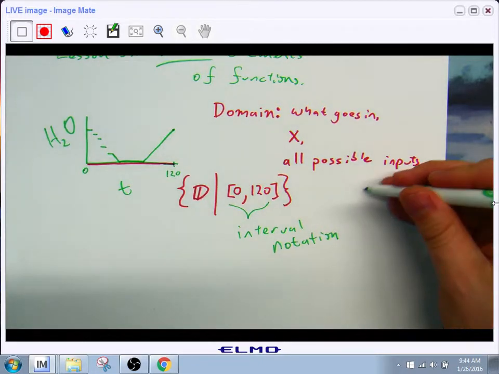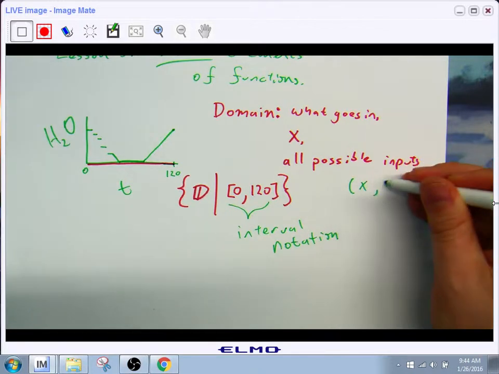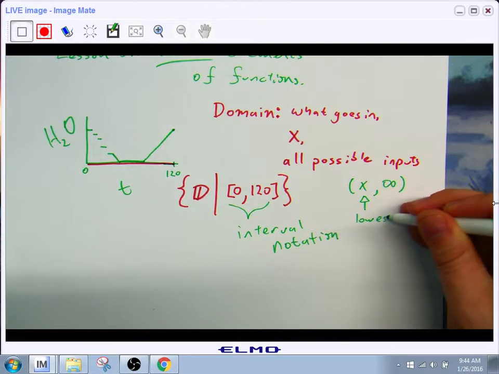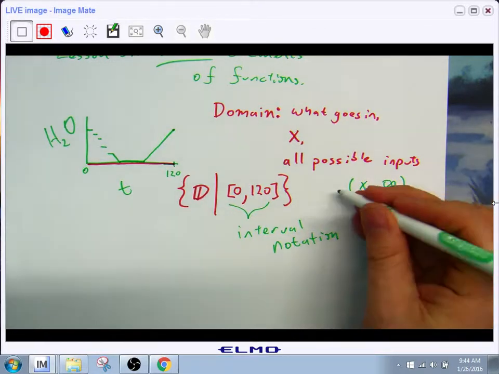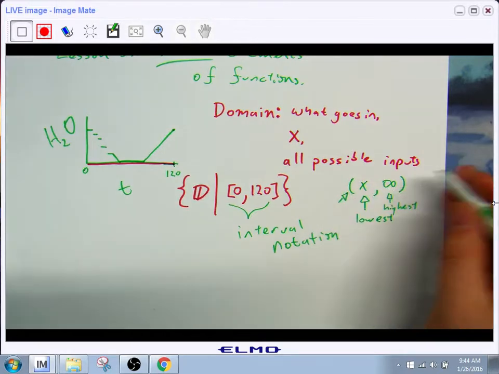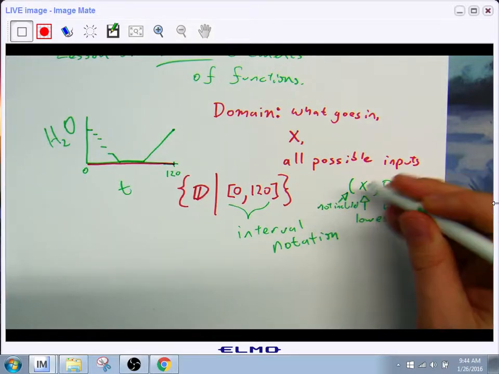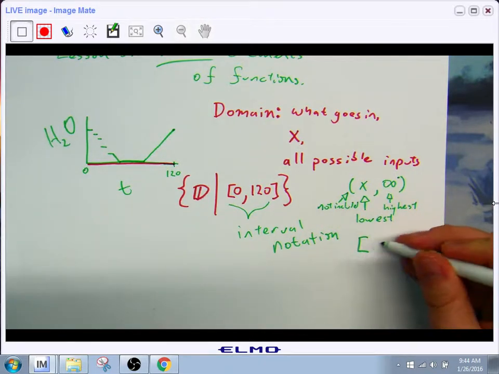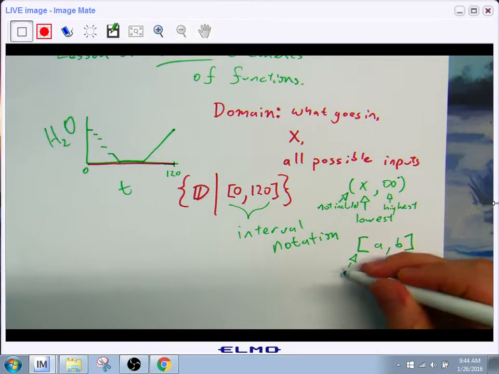Remember, for interval notation, it'll look something like this. That is our lowest number. That is our highest. Parentheses mean it's not included, whereas brackets mean the number is included.